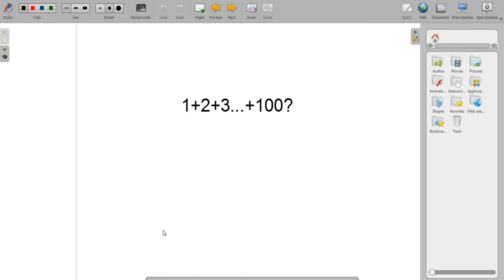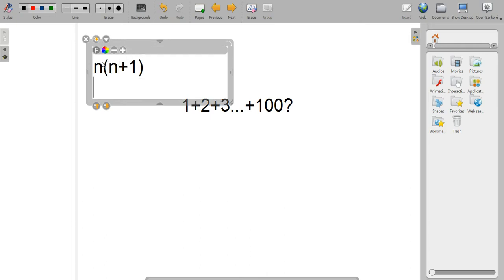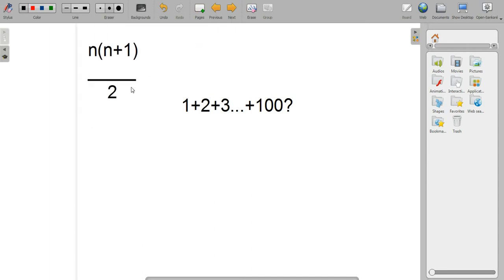In case you didn't see it, let me retype it. We have n times n plus 1 divided by 2. This little bar represents dividing, just so you have an understanding.